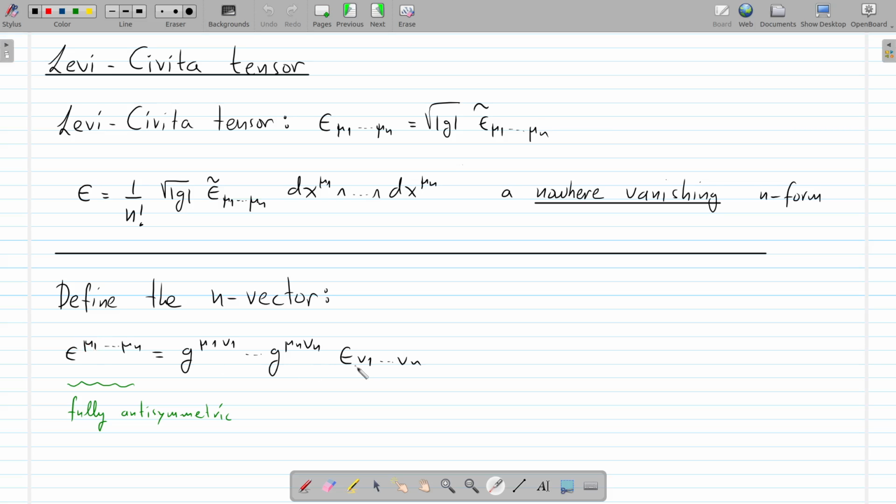So you see here a downstairs index is mapped to an upstairs index. And we do that for all indices of the epsilon symbol, including the last one, where again we contract the downstairs index with an index of an inverse metric, and the free index here becomes the last index of the n vector on the left hand side.